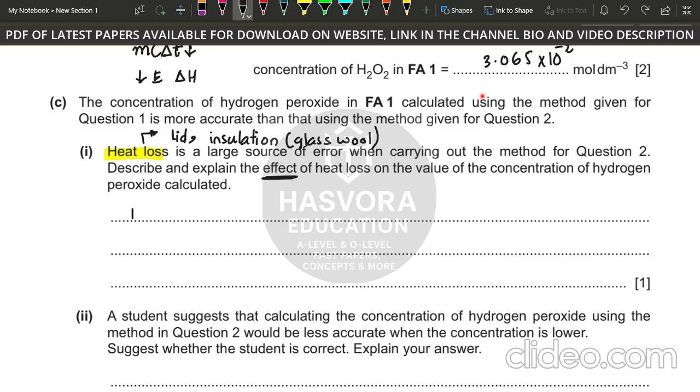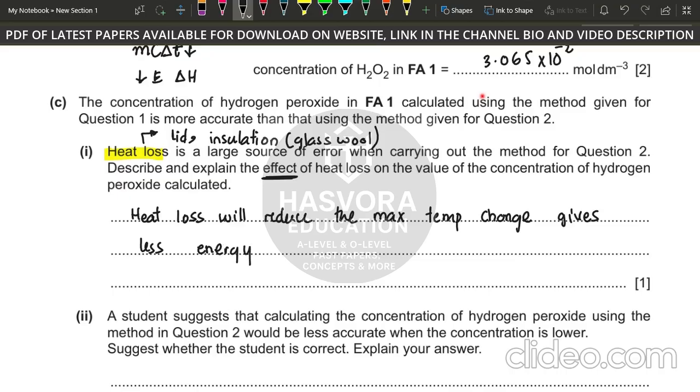So heat loss will reduce the maximum temperature change, giving less energy change.